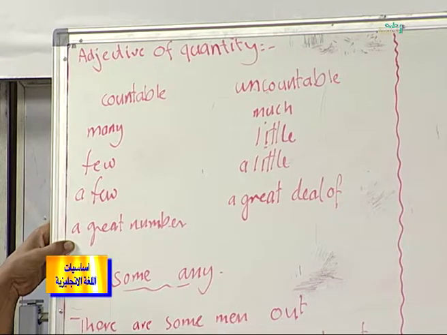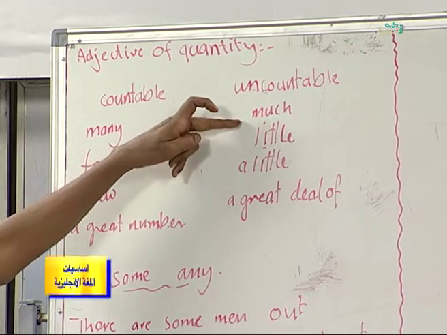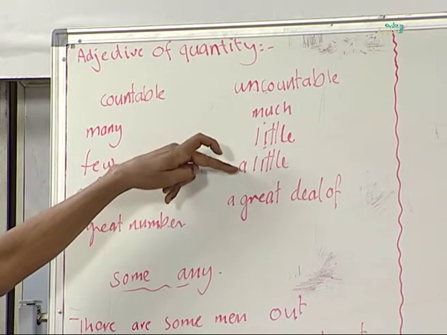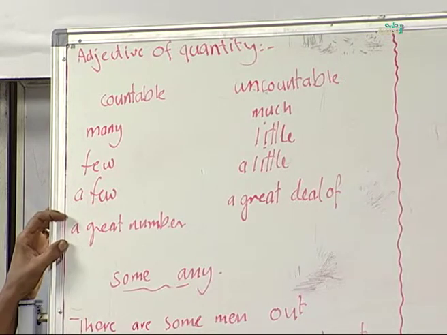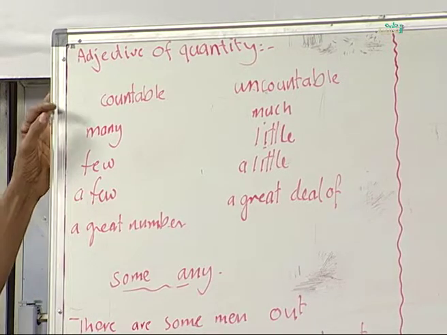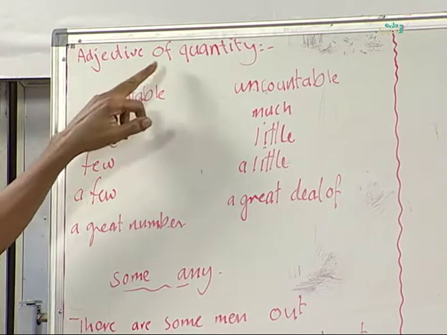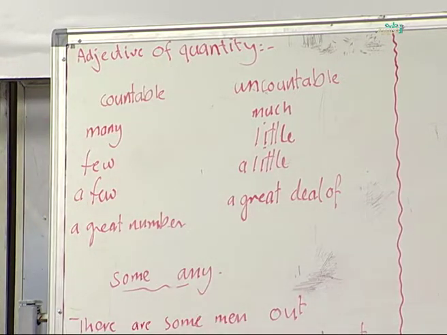For uncountable nouns, we have to use much, little, a great deal of, as you see. This means that when you are going to use an adjective of quantity, you have to have background about the nouns.